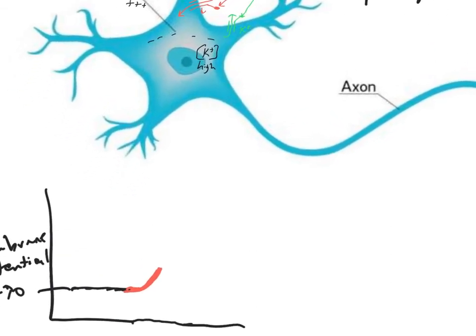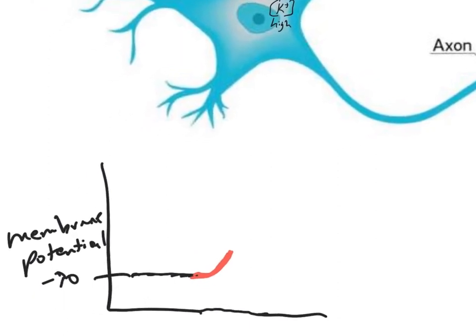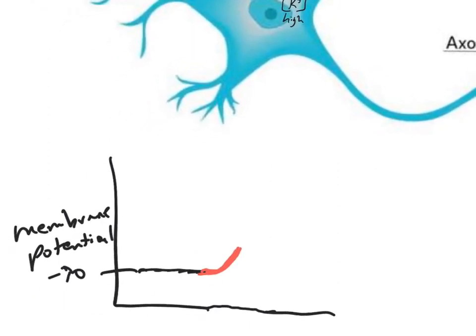Now, if we focus in a little bit further down this cell to what's often referred to as the axon hillock, here we also have some channels. We also have sodium channels, and we also have potassium channels. But these are not ligand-gated, these are voltage-gated. These are going to have a voltage at which they open, and we usually refer to this as the threshold.